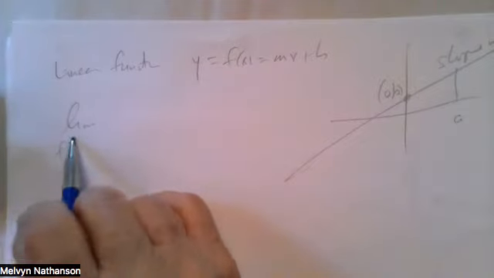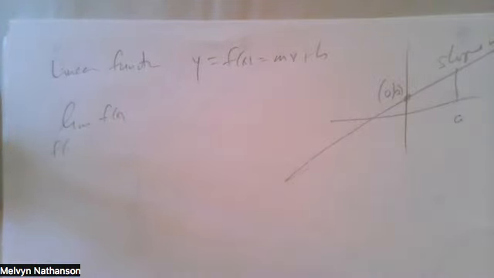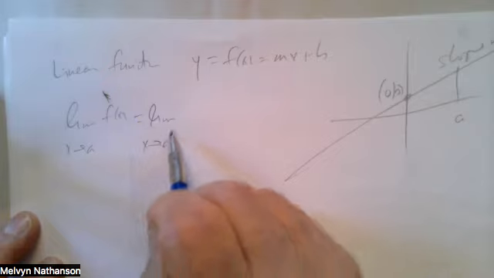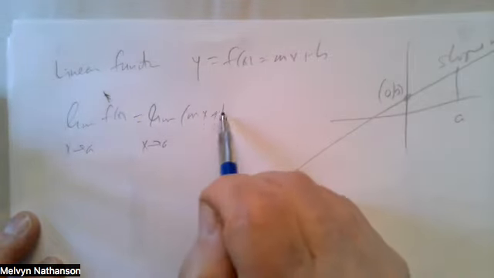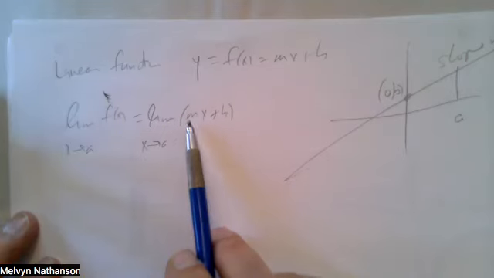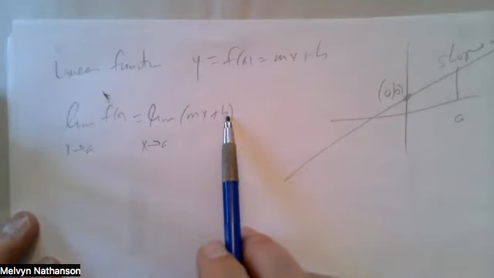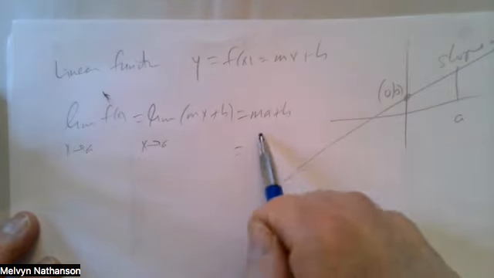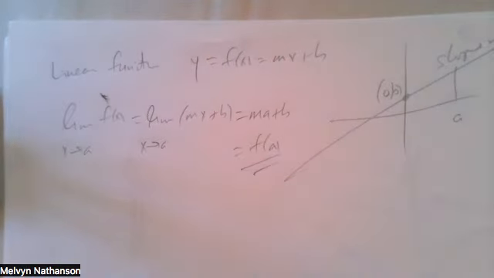And if you take any point a on the real line, the limit of f of x as x approaches a, that's the same as the limit as x approaches a of mx plus b. Well, as x gets closer to a, mx gets closer to ma, and mx plus b gets closer to ma plus b. We just get ma plus b, which is in fact the value of the function at a. So that's very simple.